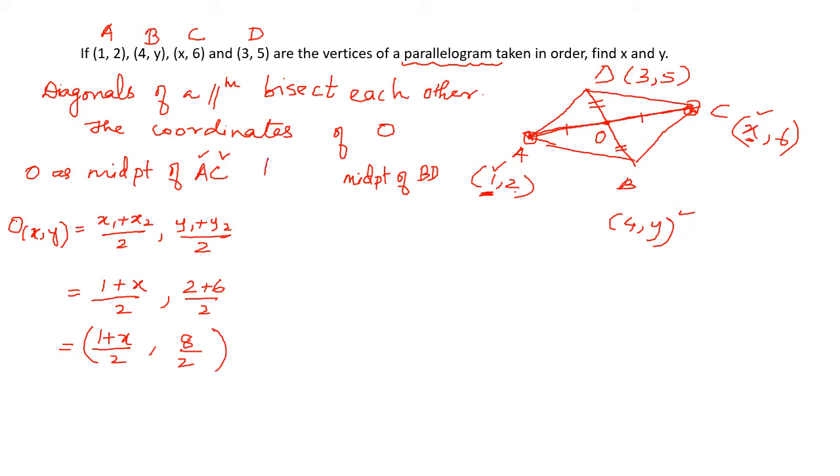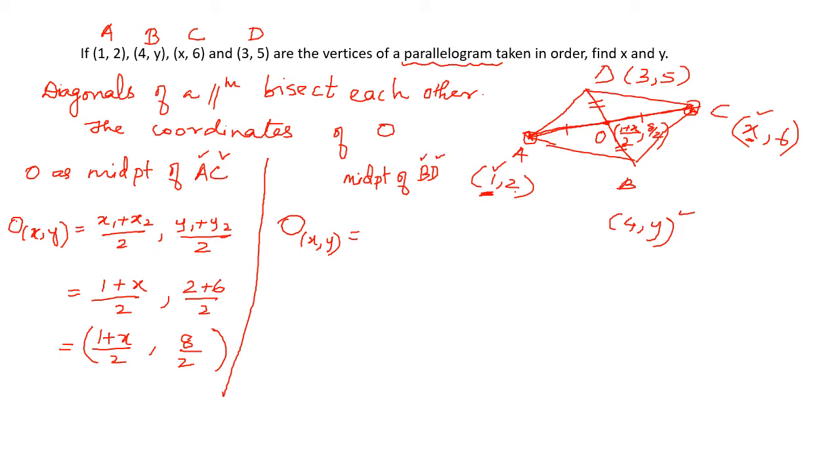So this point O, we are getting as (1 plus x) by 2, comma, 8 by 2. Now what is the midpoint of BD? O is the midpoint of BD also. Midpoint of BD means the x coordinates of B and D, and then the y coordinates.